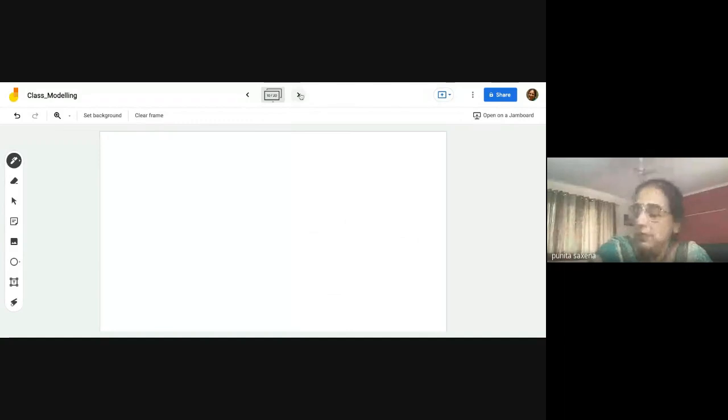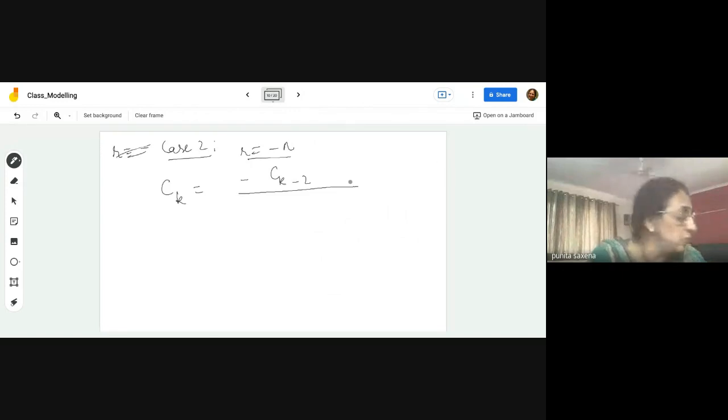Similarly, we'll now consider the case when r is equal to, now this is going to be my case 2, when r is equal to minus n. Okay. So when r is equal to minus n, your ck is going to be minus ck minus 2 upon, now r is minus n, so it will be (k minus n) whole square minus n square, right?